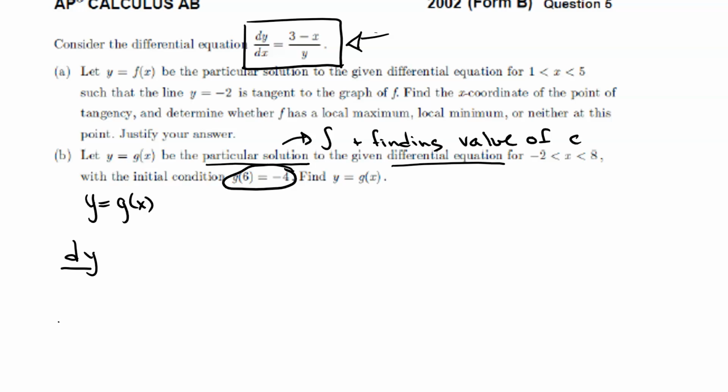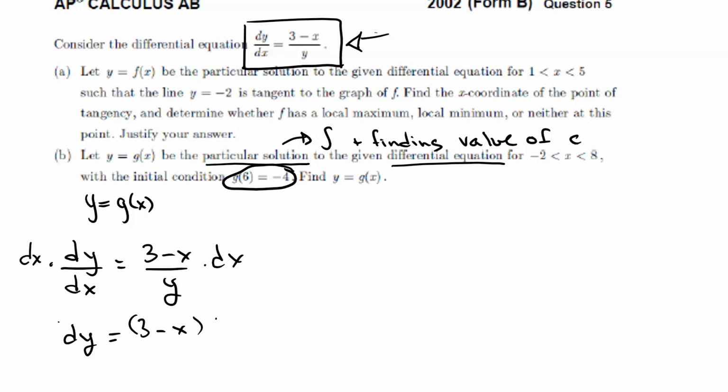Our first step when we're looking at a differential equation and trying to solve it, we have to separate our variables. So we multiply both sides by dx. And then we want the y to be on the other side, so multiply both sides by y.